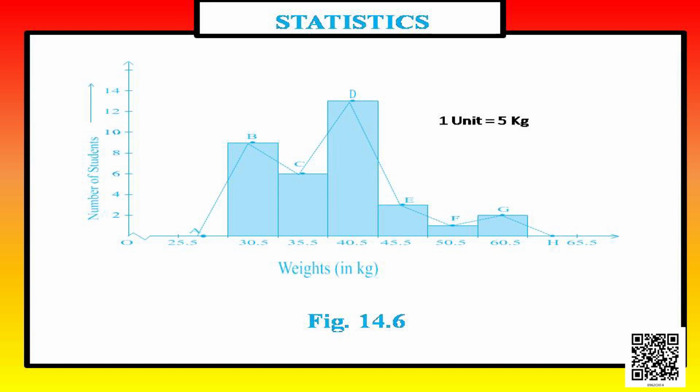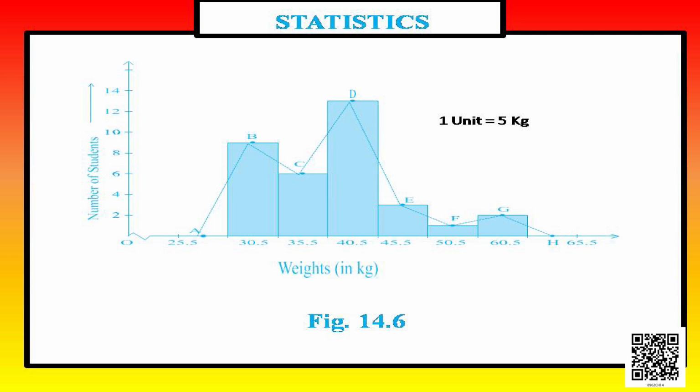So in the beginning it will be one more column with 25.5 to 30.5, and at the end it will be 60.5 to 65.5, and we mark their middle points as the points A and H.